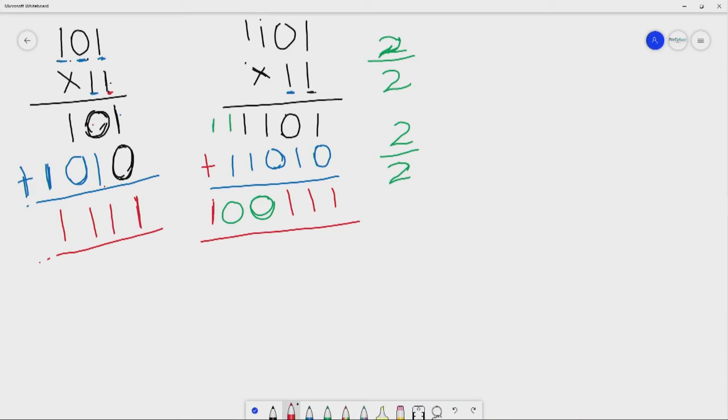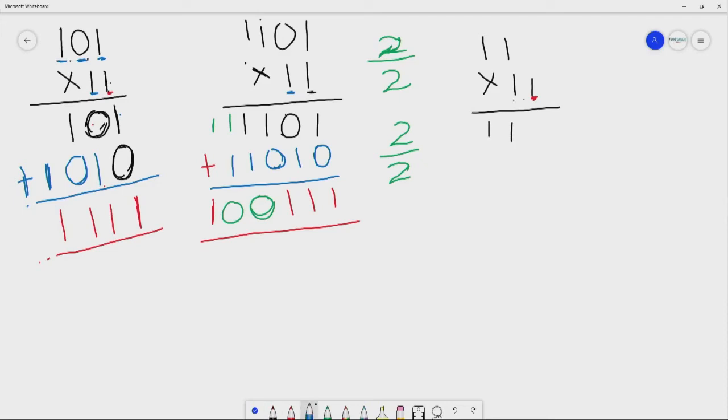Third example. 11 multiplied by 11. As usual, we're starting with this 1. 11 times 1 would give us 11.